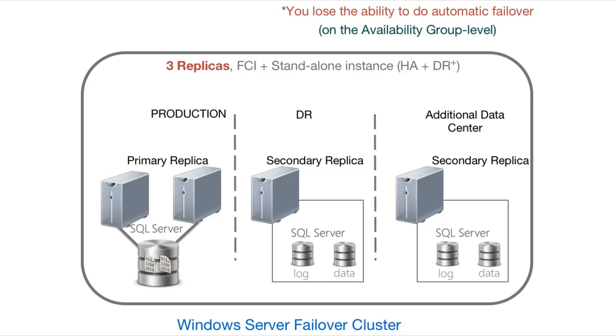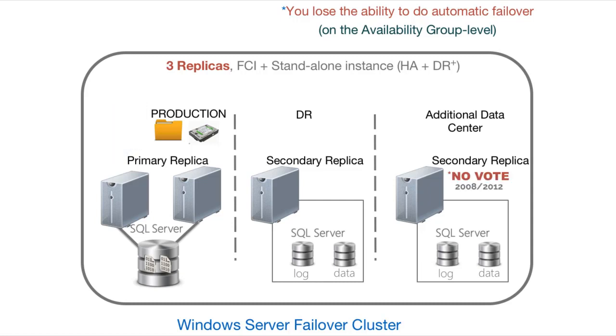Let's say in this case, you want to use a shared disk as a witness type since you already have a shared storage subsystem for your failover clustered instance. Up to you whether you want to use a node or a file share. Again, that's the decision that you have to make. But again, I would prefer just maximizing any resource that I already have.